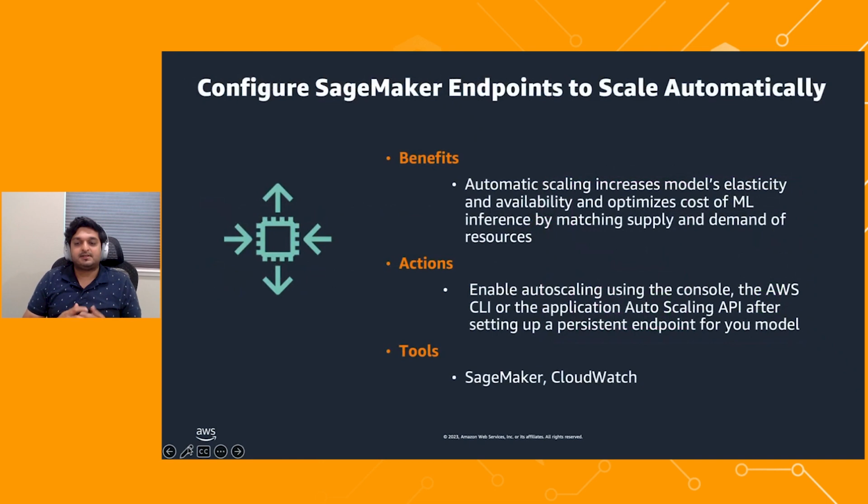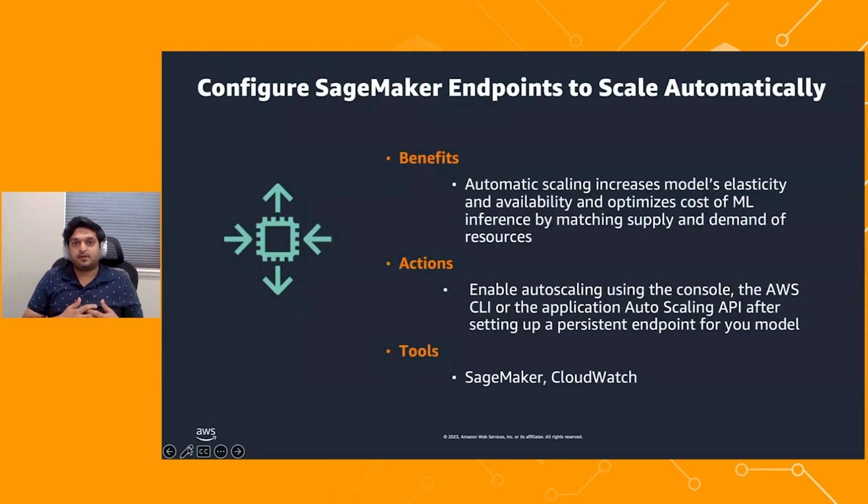Finally, what we have is using SageMaker auto scaling policies. With auto scaling policies, you can dynamically adjust the number of instances provisioned behind the endpoint as your workload changes. There are multiple target tracking policies, scheduled scaling policies, and on-demand policies.